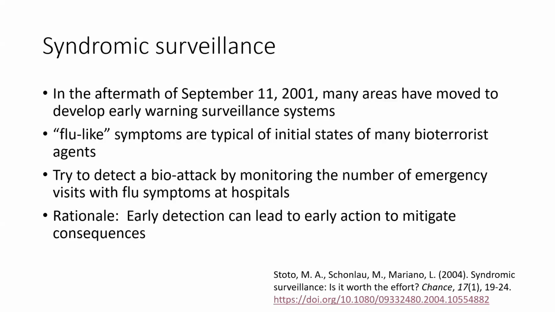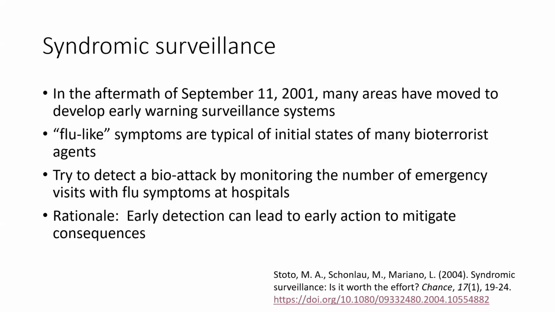So really we wanted to see whether you could detect an increase in flu-like symptoms by monitoring the number of emergency visits with such symptoms. The idea, of course, being early detection would lead to mitigation.